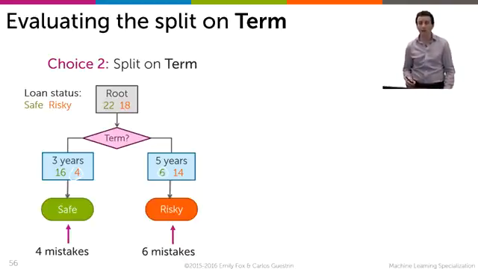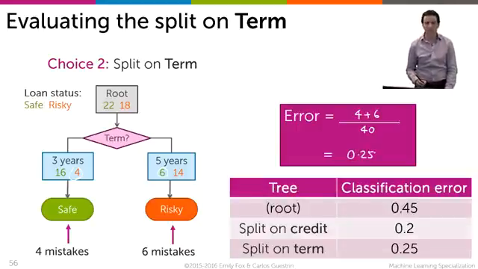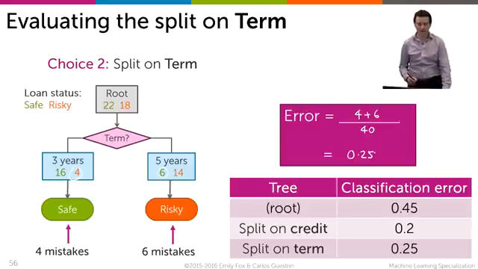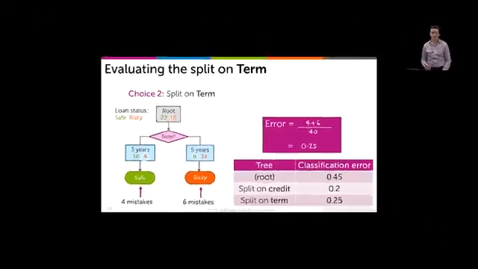And so if you look at our overall error here, it's 4 plus 6 divided by 40. So that's 10 divided by 40, which is 0.25. So overall, if we look at our data, not splitting on anything, the root node has 0.45 error, splitting on credit has 0.2 error, and splitting on term has 0.25 error.